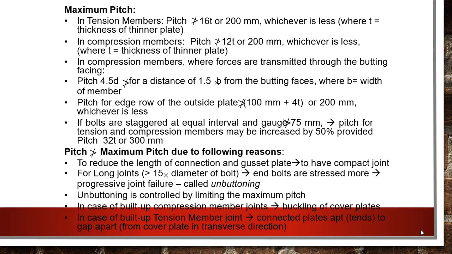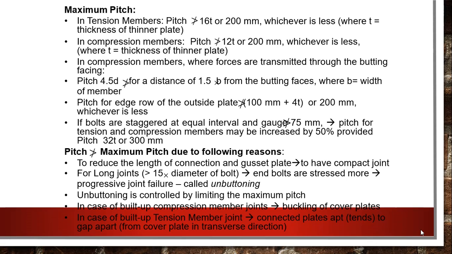Now, pitch should not be greater than the maximum pitch due to the following reasons: to reduce the length of connection and gusset plate, and to have a compact joint, right? For long joints, where the length is greater than 15 times the diameter of bolt, the end bolts are stressed more, giving progressive joint failure, which is called unbuttoning, right?